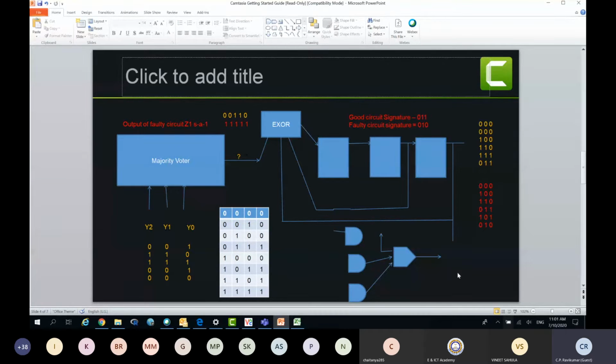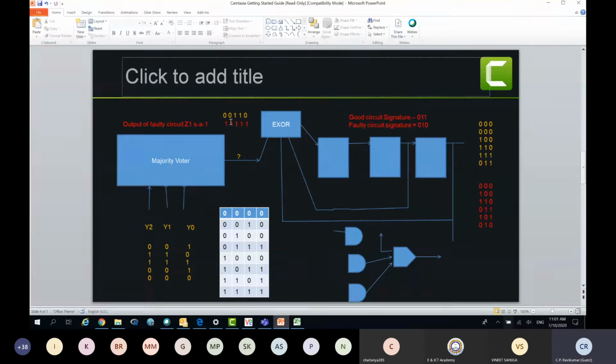So this is also a kind of testing. It is called compression testing. We don't need to actually compare the outputs.